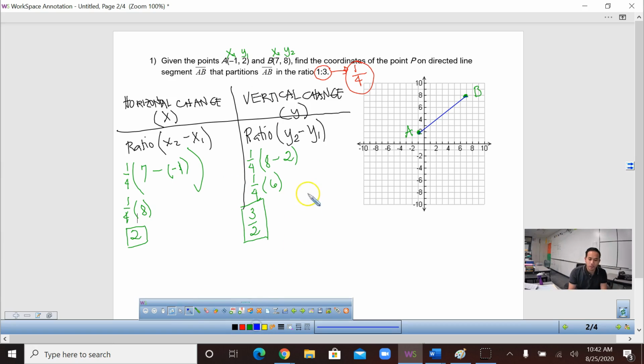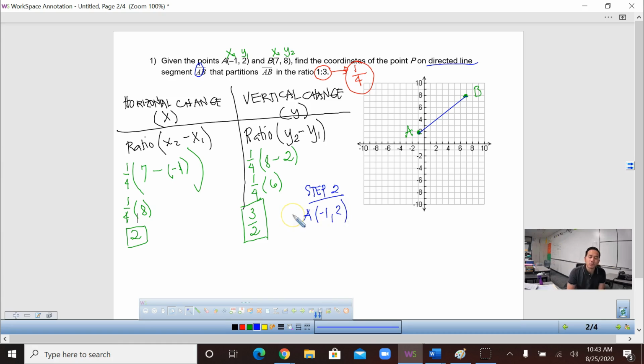I'm going to use blue ink. So on your step 2, because it says it's a directed line segment AB, your starting point will be A. I'm going to get the ordered pair of A, which is -1 and 2.